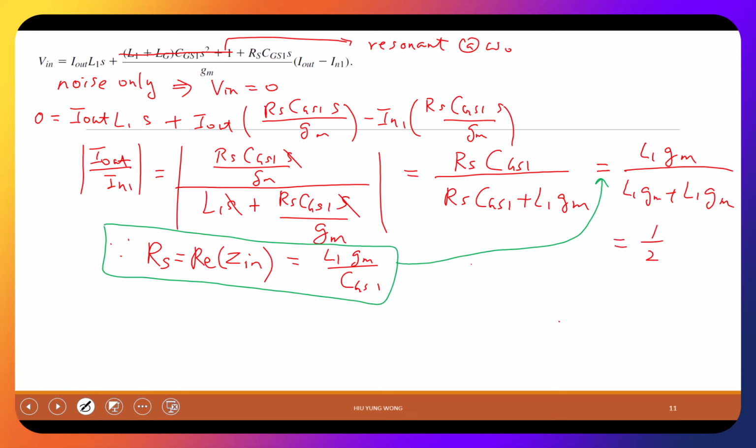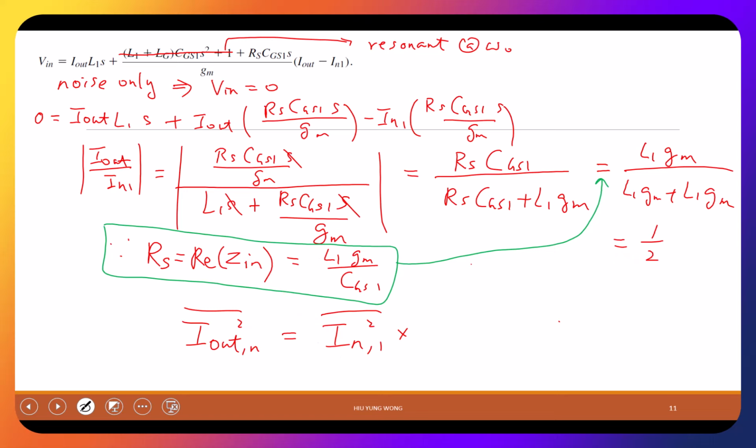So what is the noise at the output then, due to this noise source? Of course, it's equal to IN1 square times, just look at this one. I out divided by I noise equal to 1/2. Then what is I out squared?